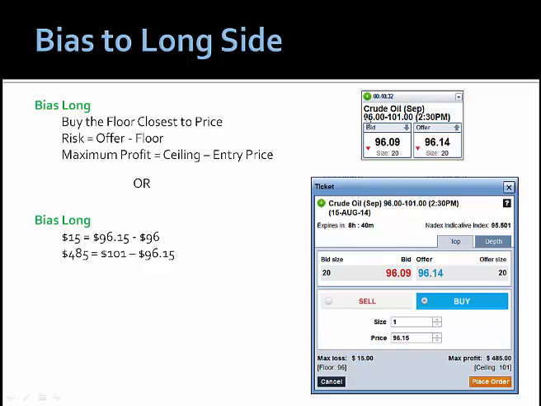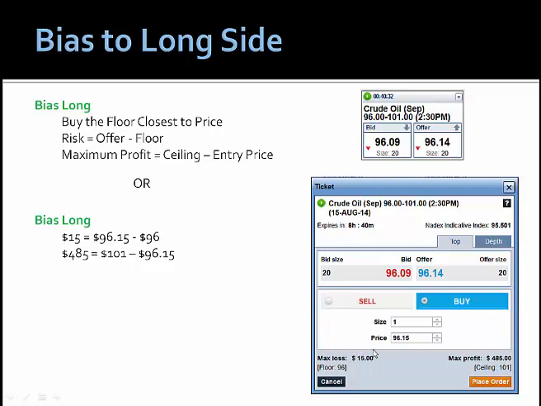So our profit potential is the difference between our entry price, which is $96.15, and the ceiling, or $485. Our risk is limited to what our entry price is, which in this case is $96.15 minus the floor at 96, for a total risk of $15.